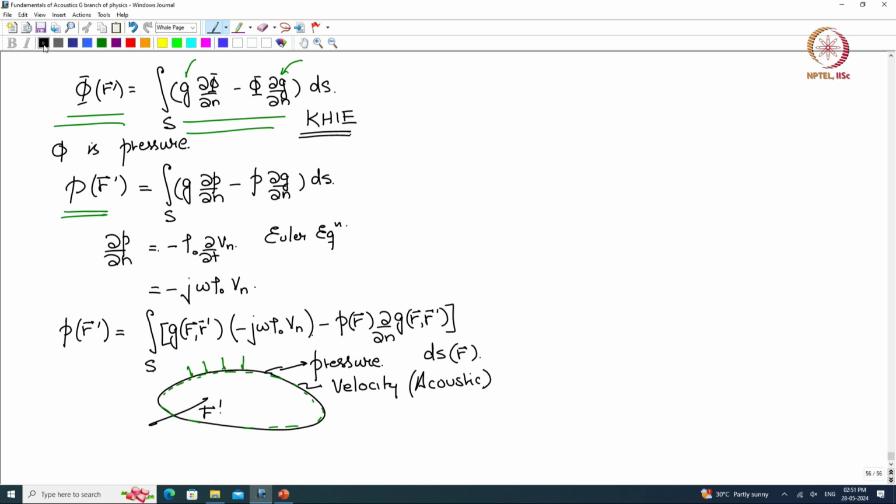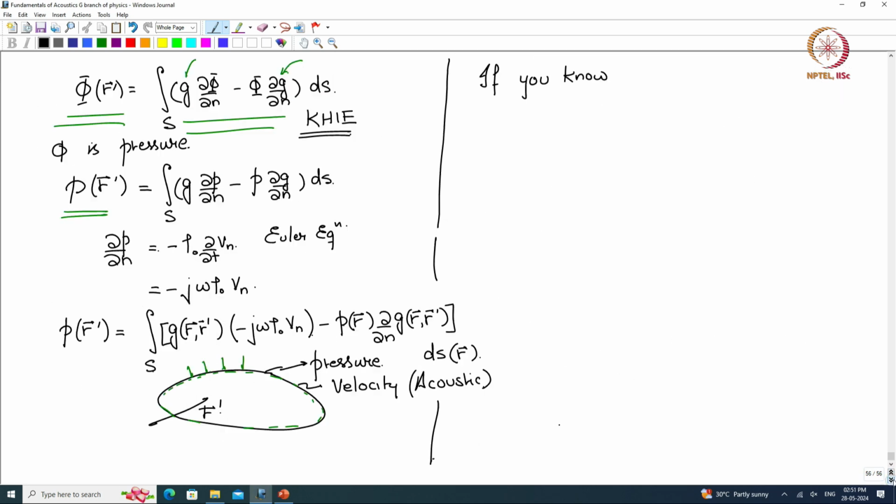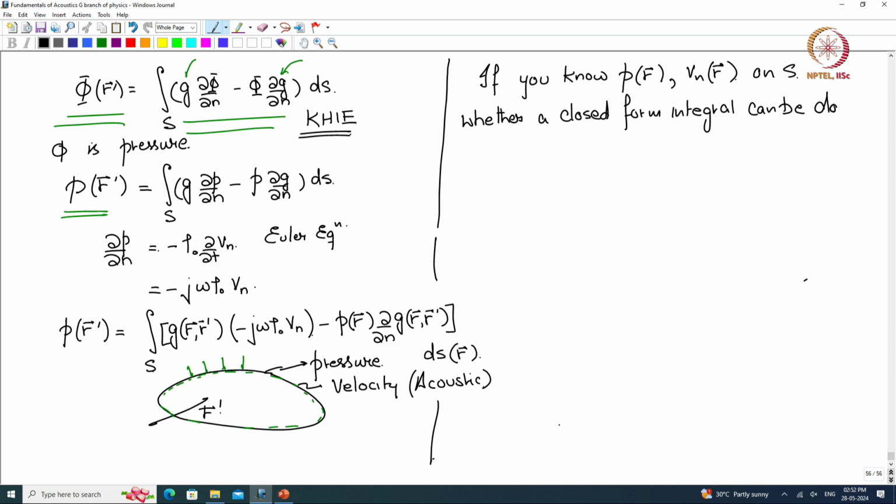Okay. So now, whether you can do this in a closed form, if you know the pressure and velocity on the surface S, whether a closed form integral can be done depends on the situation.